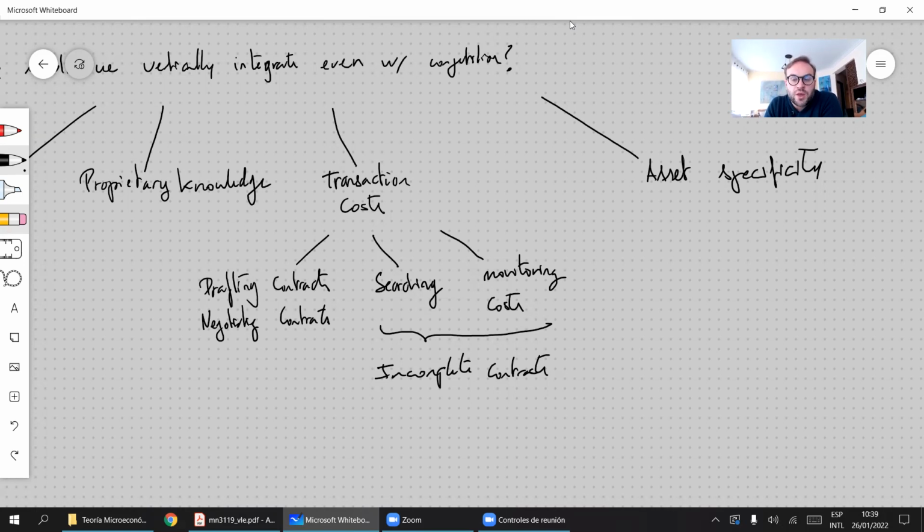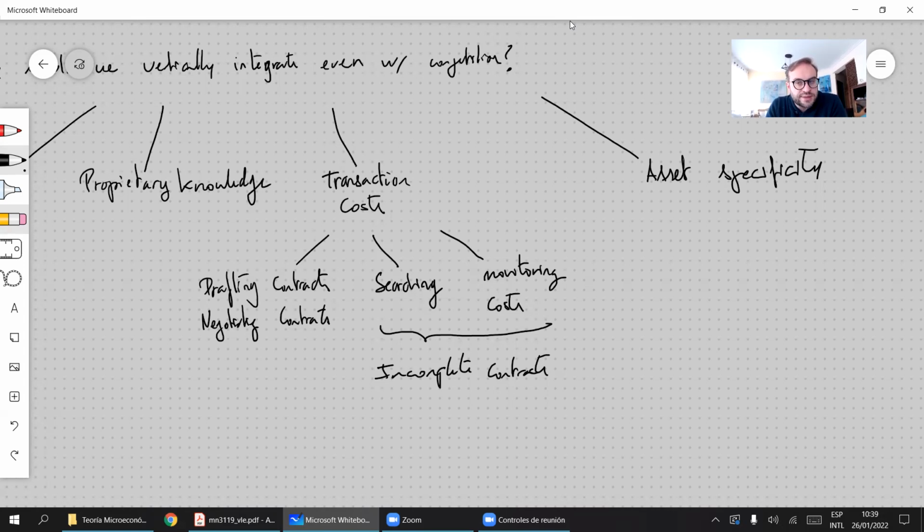So if the contract is incomplete, I cannot write exactly what is going to be in the machine. And the buyer tells me, look, at the end of the day, this was not what I'm looking for. So I will ask you to reduce the price drastically, even to the point that the price could be lower than the production cost, because it's better to sell for less than the cost than not sell it at all.